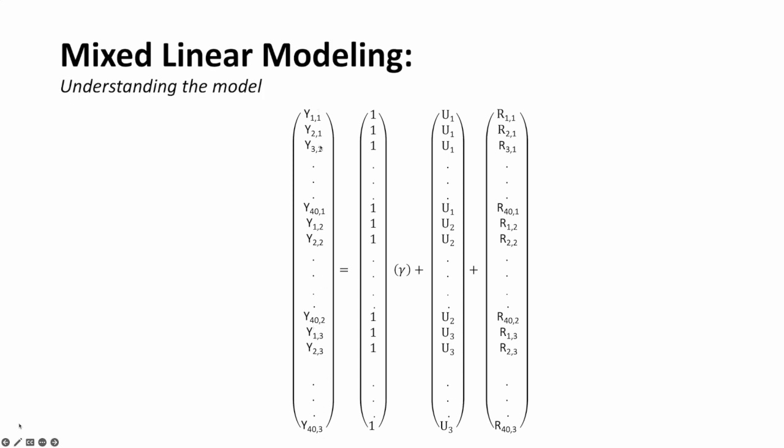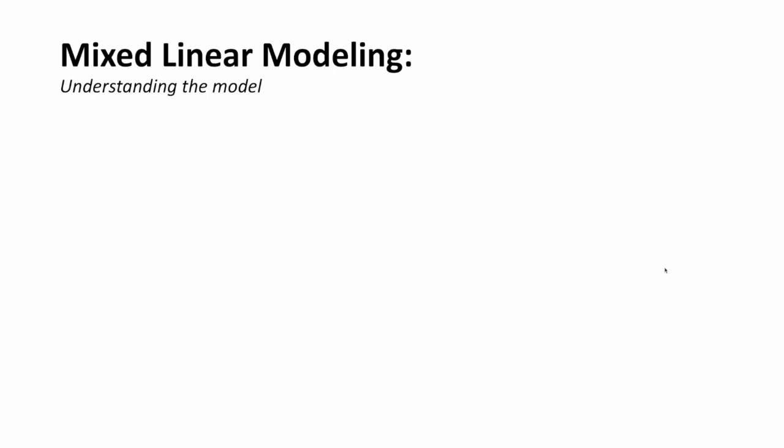Those are 40 people at time point 1, 40 people at time point 2, and then 40 people at time point 3. So again, we're including people across multiple time points in terms of our development of our model. And that's what we are doing, developing this multi-level model when it comes to mixed linear modeling. The important thing to remember is that we're including this across time.